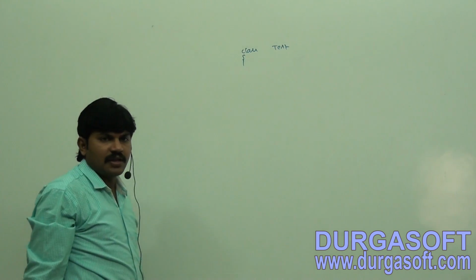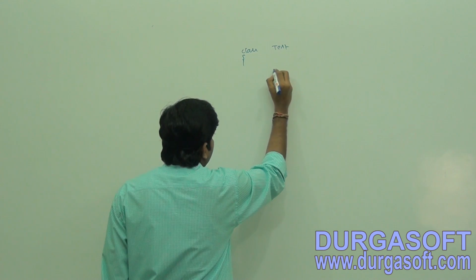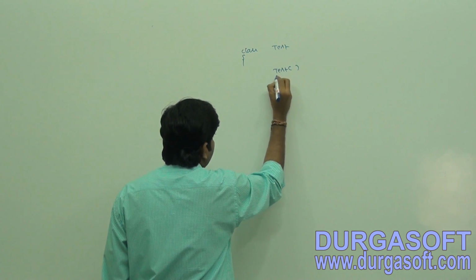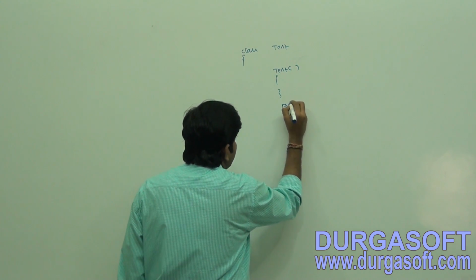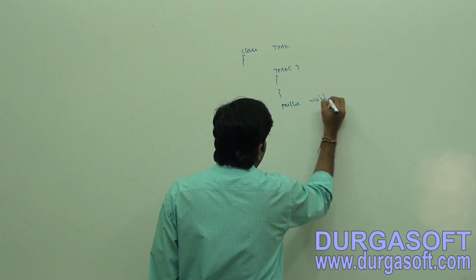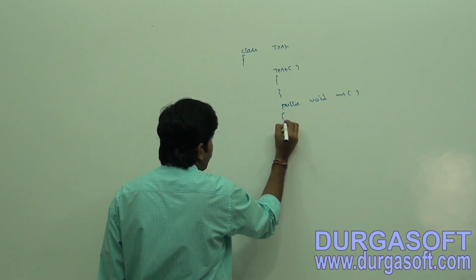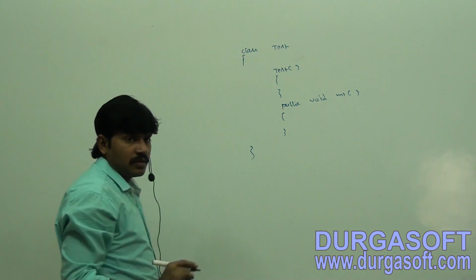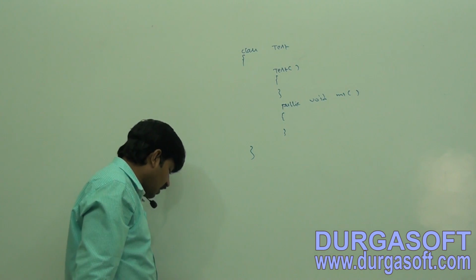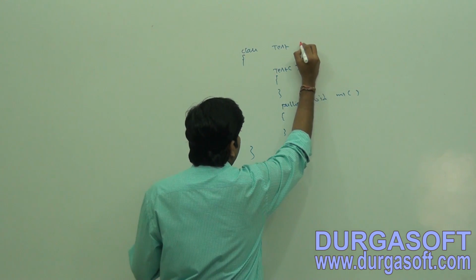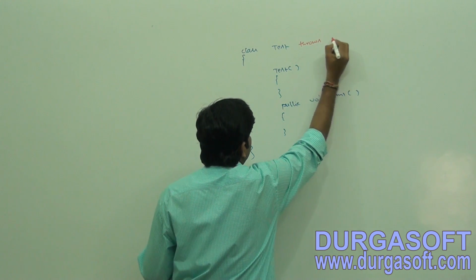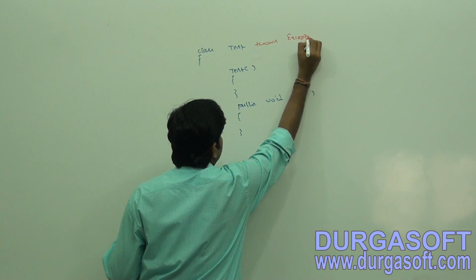I am taking Test as a constructor, and it is a method. We have a constructor and a method. Now my point is, just observe. I am taking throws Exception.